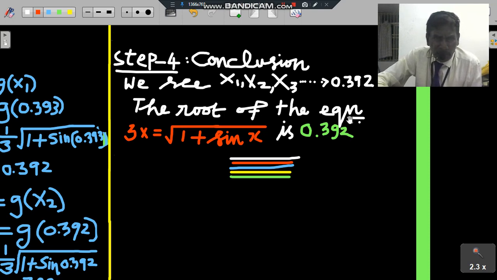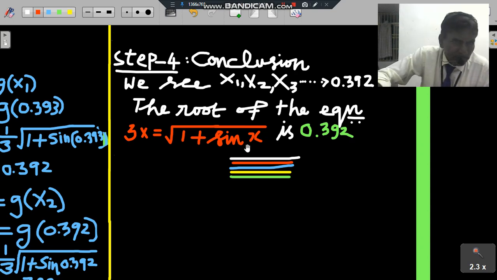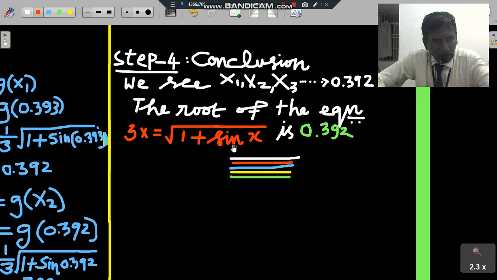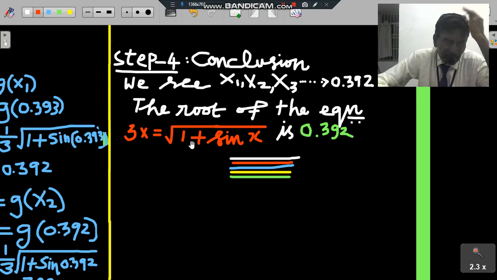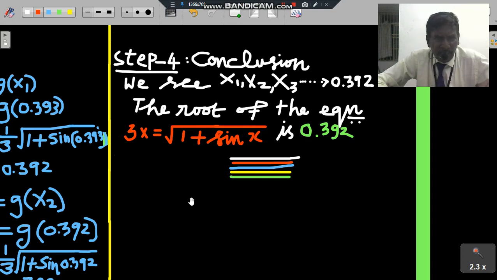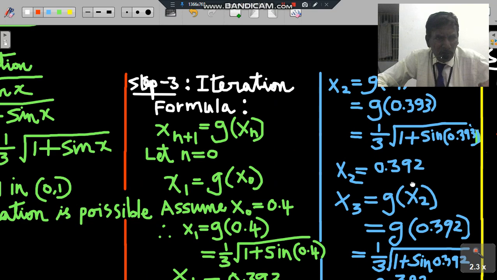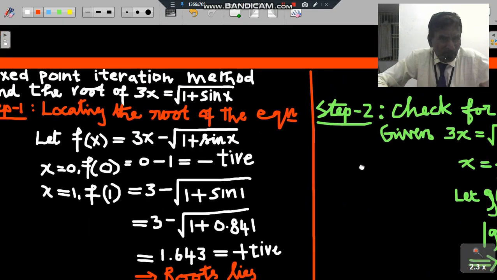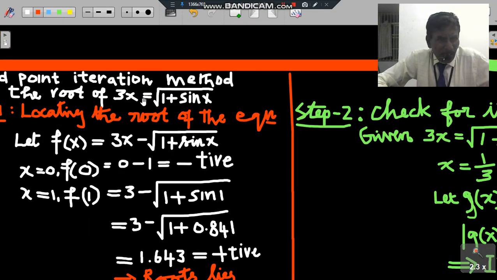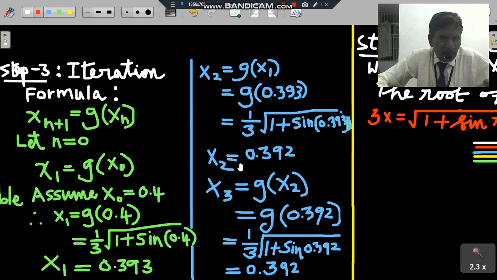That is the root of the given equation 3x equals the square root of 1 plus sine x. The root of 3x equals the square root of 1 plus sine x must be 0.392.